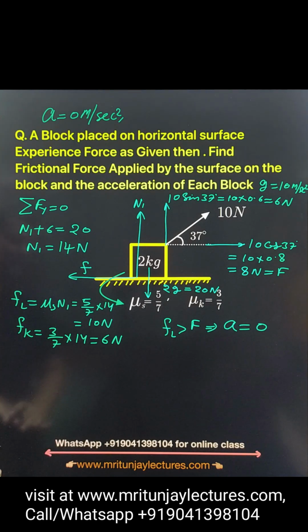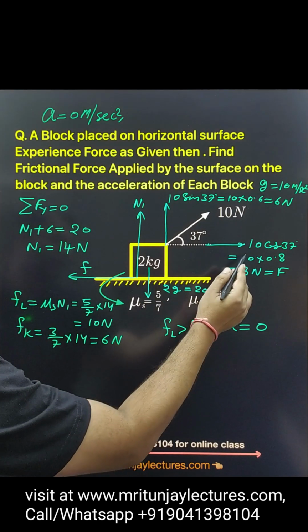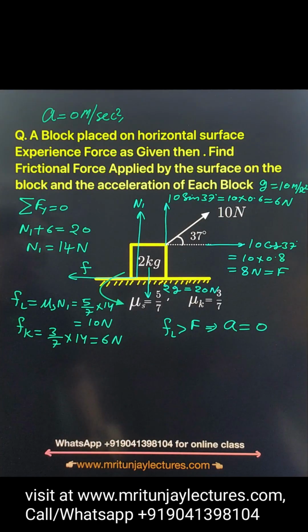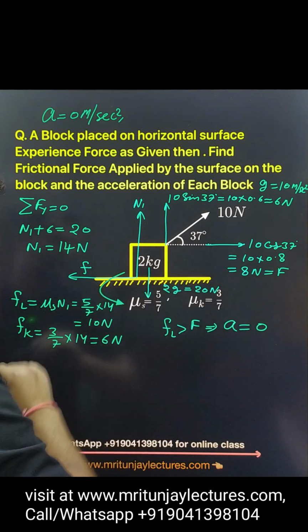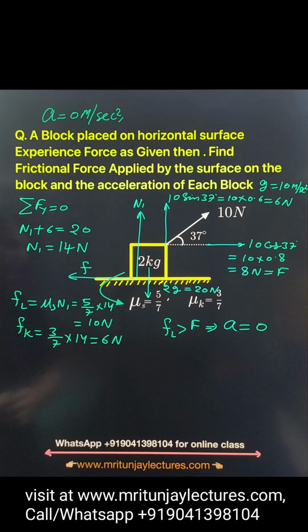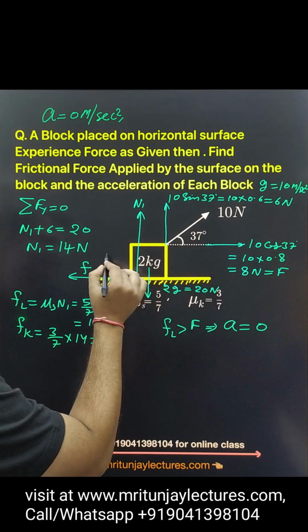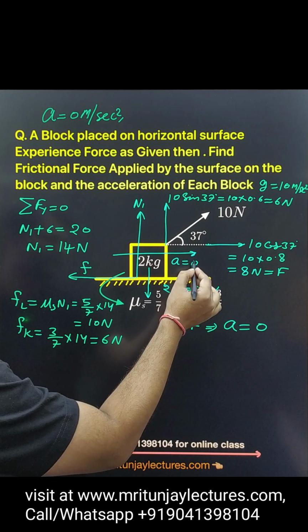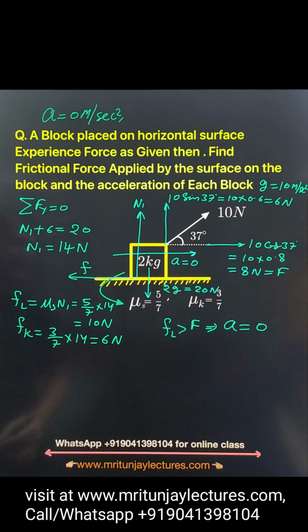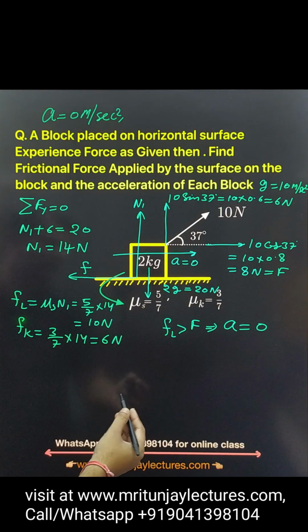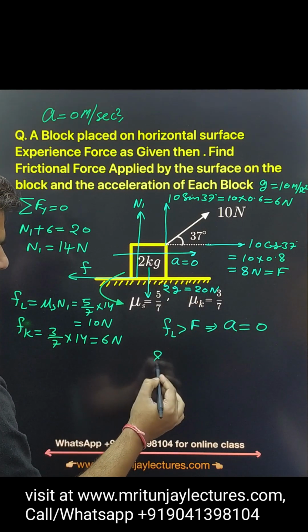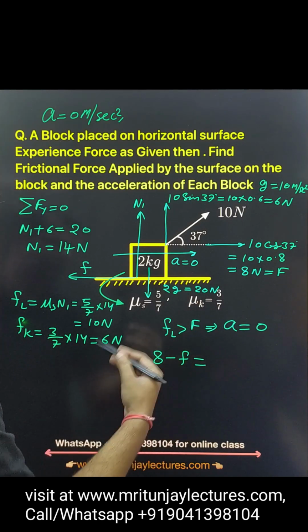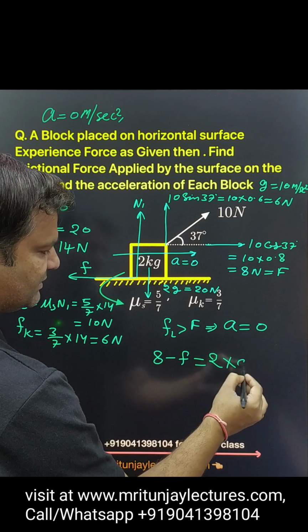Okay. Now after that, if the block is not moving, then what about the frictional force at that time? According to Newton's second law, here 8 Newton and here f. Suppose this block is moving, but the real acceleration is 0. According to Newton's second law, the unbalanced force 8 minus small f will be equal to mass into acceleration, but acceleration is 0.